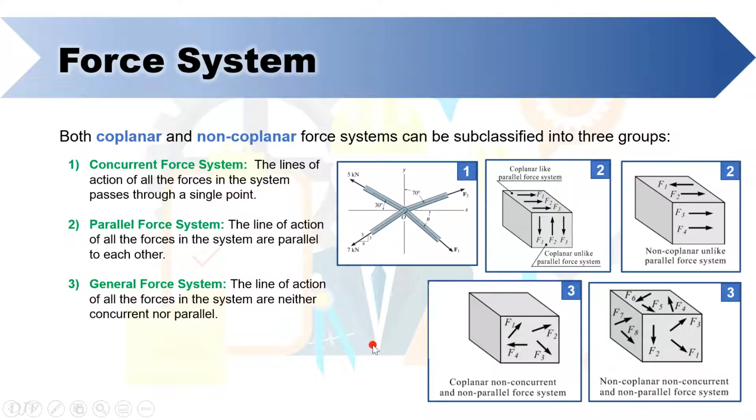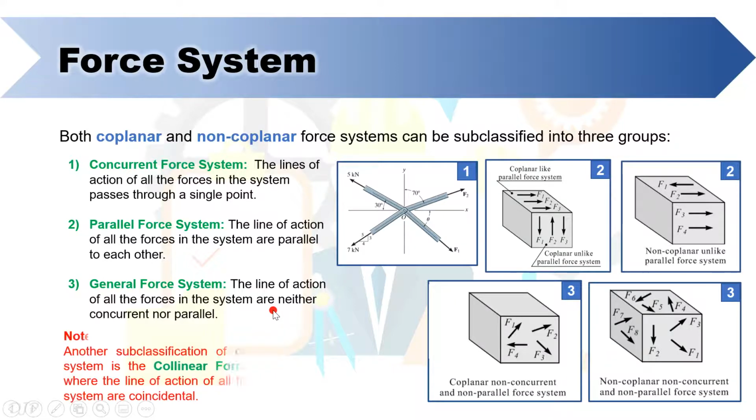Take note that the coplanar force system has one more sub-classification, which is the collinear force system, in which the lines of action of the forces are coincidental, or in other words, all the forces share a common line of action.